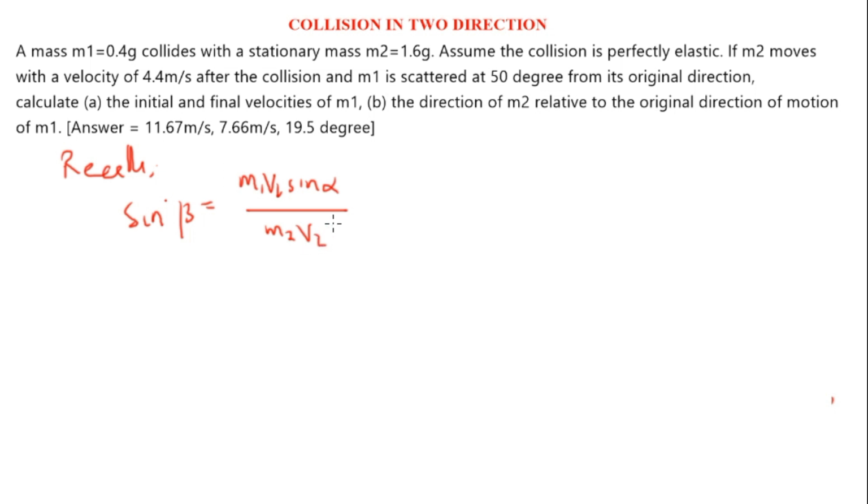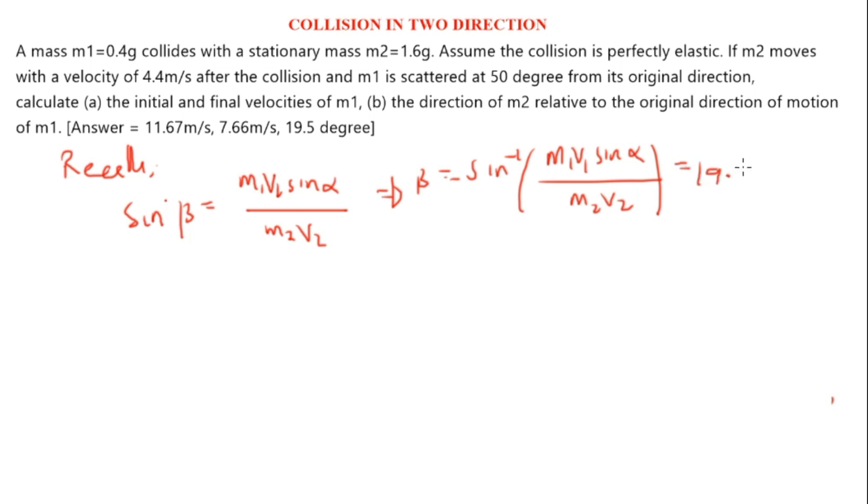So it means that beta is the arc sine of m1 v1 sine alpha over m2 v2. If you insert all of those values in this place and you find the arc sine, you will arrive at the answer, which is 19.45 degrees. But let's do it.